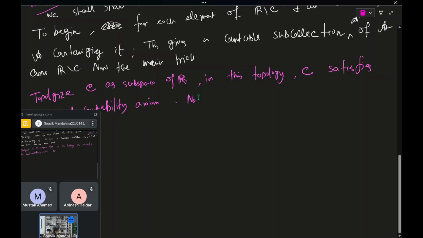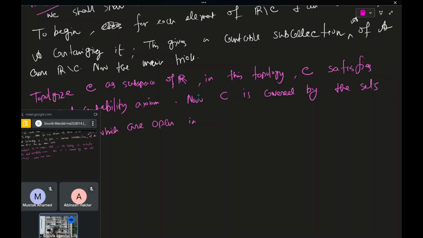Now, C is covered by the sets [a_alpha, b_alpha), which are open in R and open in C. So, of course, some countable subcollection covers.